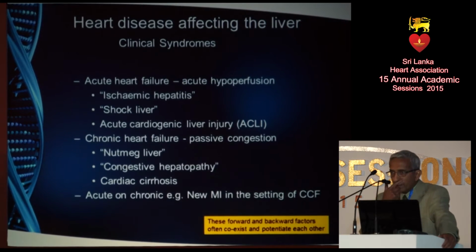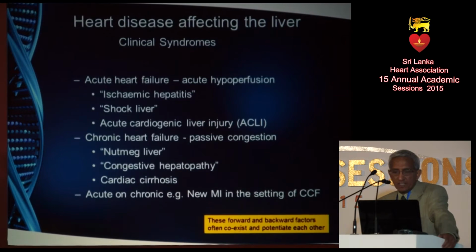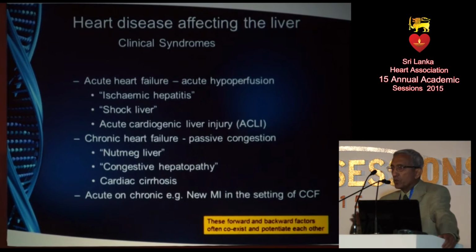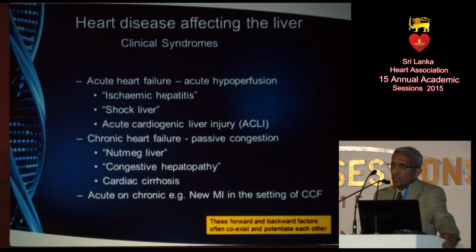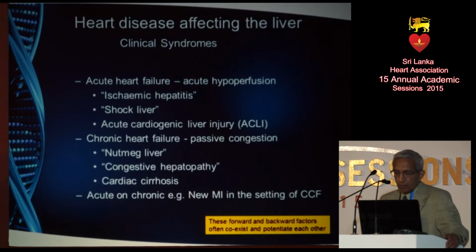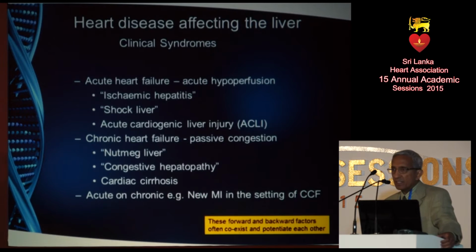Chronic heart failure, on the other hand, the primary problem may be the passive congestion, which in turn leads to what we would term as nutmeg liver or ultimately cardiac cirrhosis. Obviously, you could have chronic heart failure, then an acute insult like a big infarct could occur on a patient with chronic heart failure, leading to a combination of both. So often there's both these forward and backward factors coexisting.